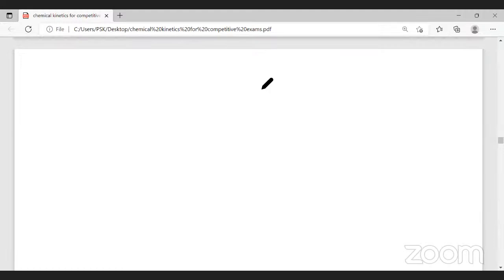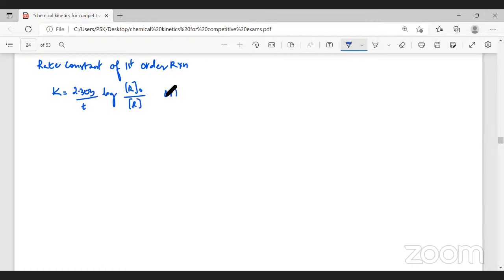Okay. All right. Now, we started with the graphical representation for a first order reaction. The rate constant of a first order reaction: the formula is K is equal to 2.303 by t log of R naught by R, or we can represent this equation as K is equal to 2.303 by t log of A by A minus x.